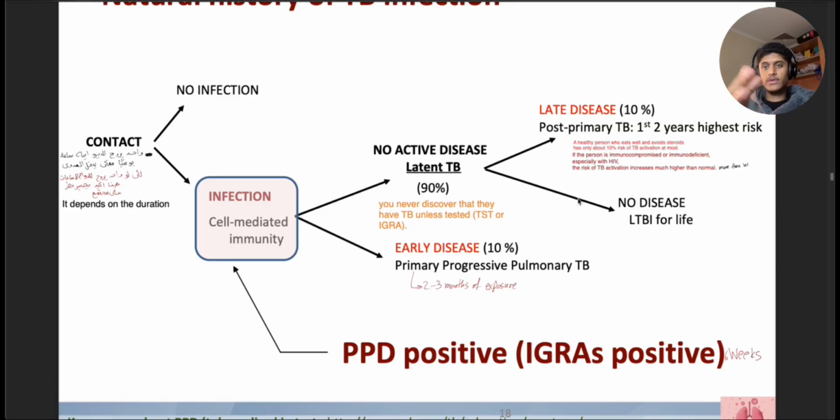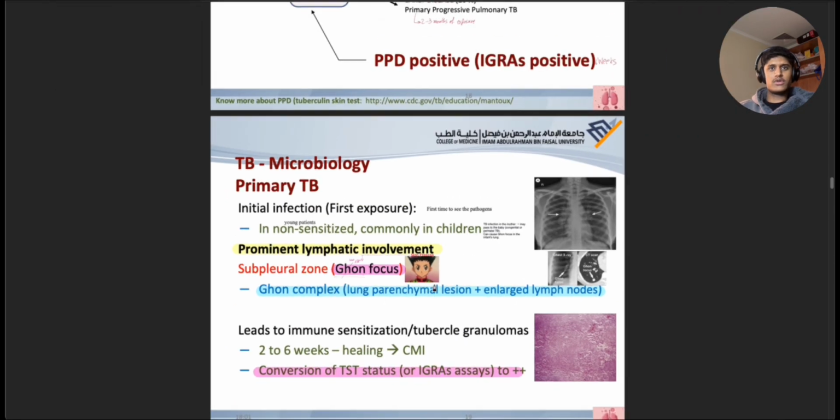Both the IGRA and the TST or PPD would show positive within these tests. But the patient, Khalid, will not present with any symptoms unless he has an early disease, which is 10%, a primary progressive pulmonary TB.